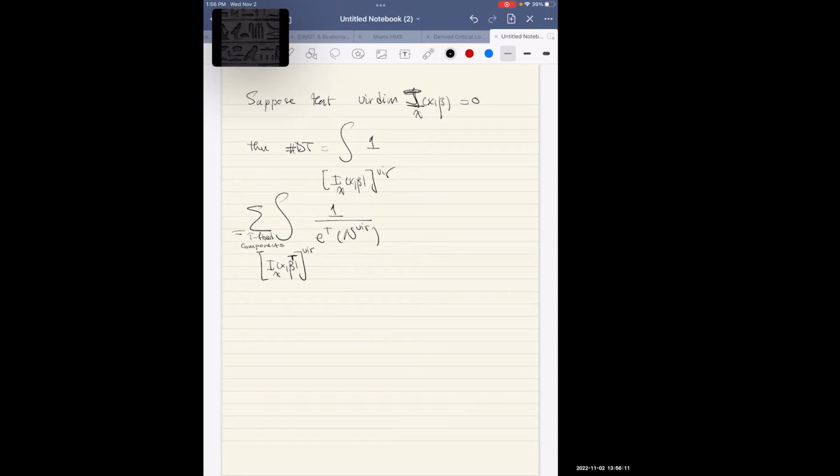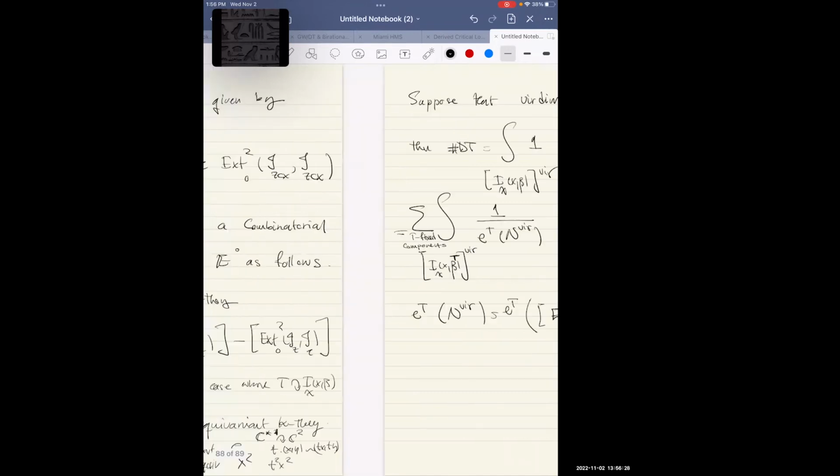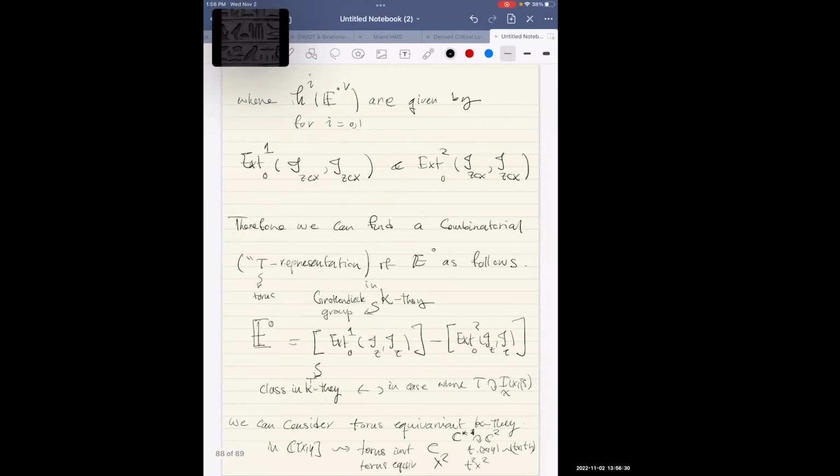Okay, and then I know what the equivariant Euler class of this thing is. This is going to be the equivariant Euler class of the K-theory group of XI, because the virtual normal bundle, by the way, is just the difference of cohomologies of E dot.